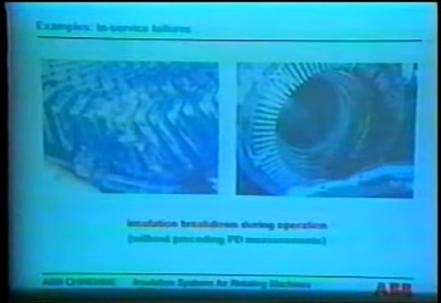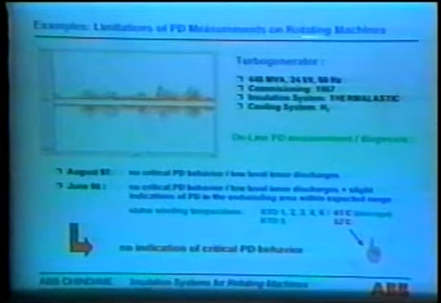And in this case, there were no partial discharge measurements carried out prior to the breakdown of the insulation. However, there may be also conditions in the insulation system where PD measurements are not able to indicate an impending insulation fault, as I will show now.